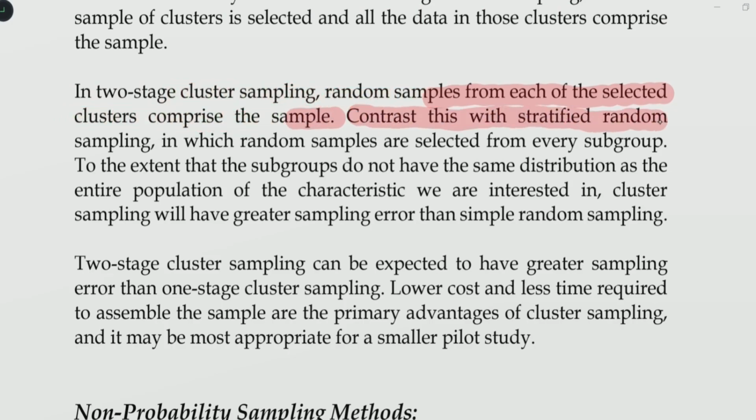Contrast with stratified random sampling, in which random samples are selected from every subgroup, to the extent that subgroups do not have the same distribution as the entire population of the characteristics we are interested in. With cluster sampling, we will have greater sampling error than simple random sampling.